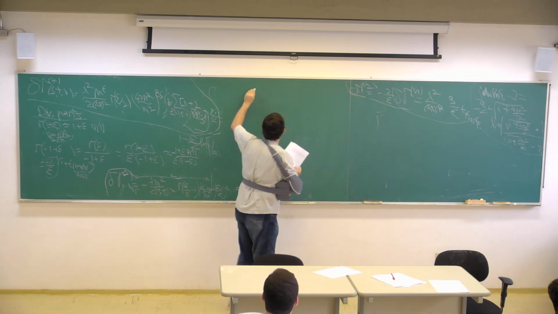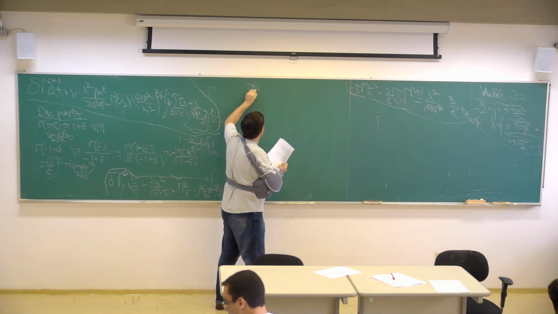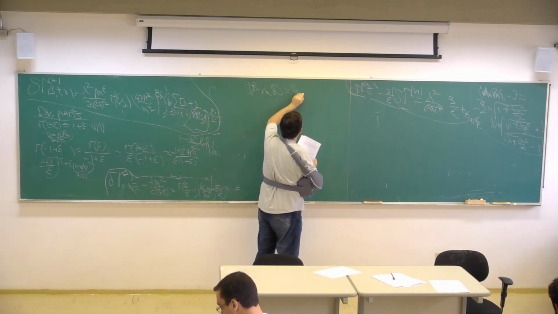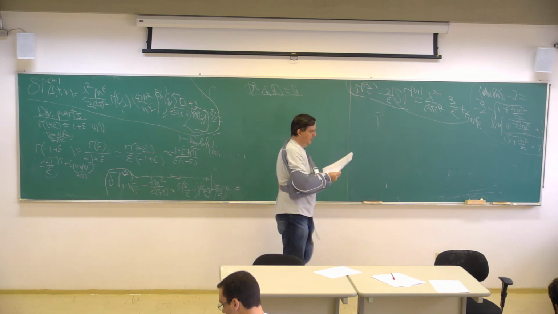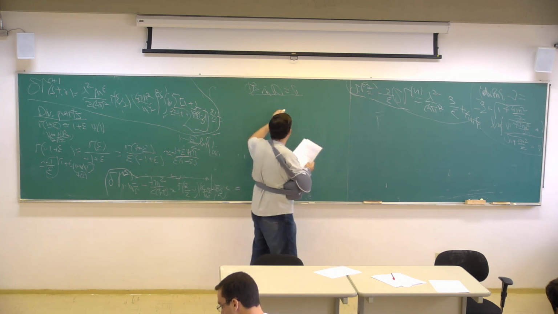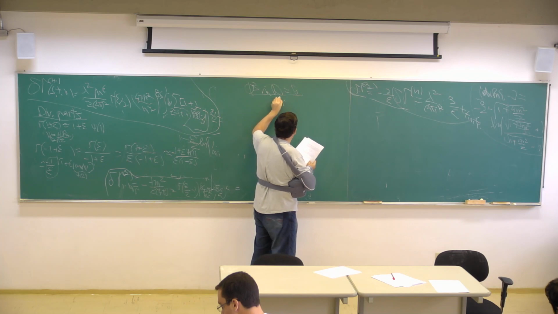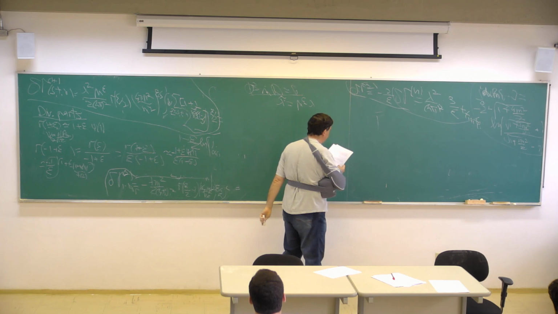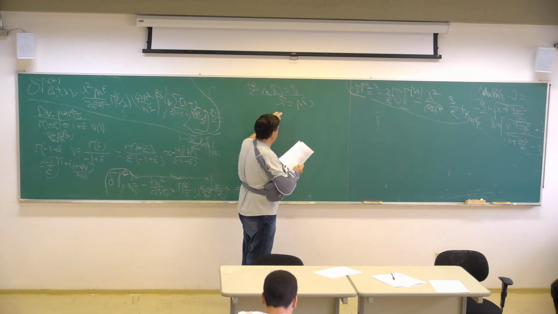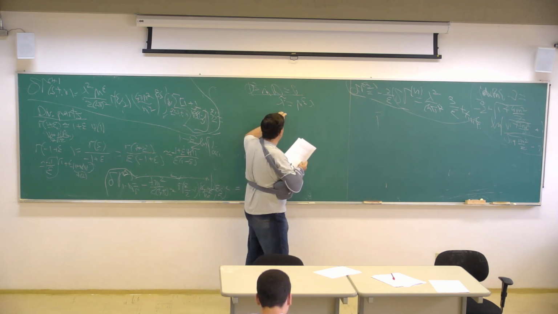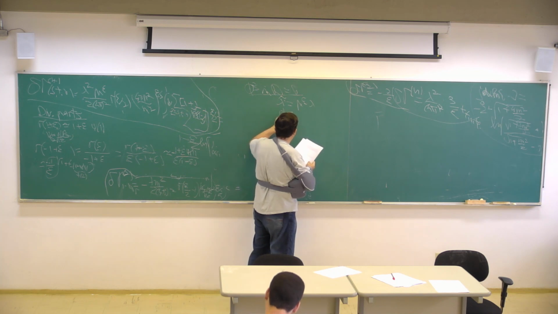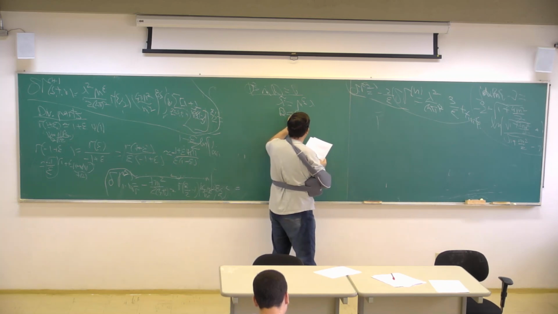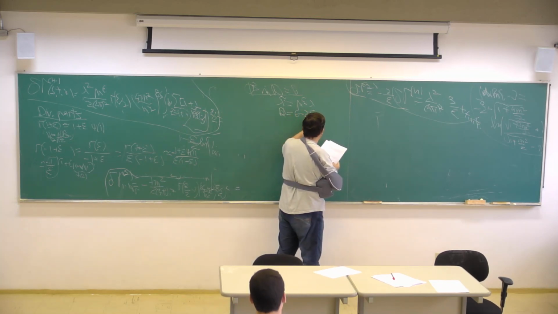So let's do the same for phi cubed in d equal to 6. Again, I have the lambda tilde with the mu to the epsilon, but now I will define d as 6 minus 2 epsilon.